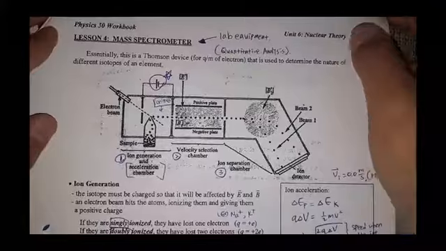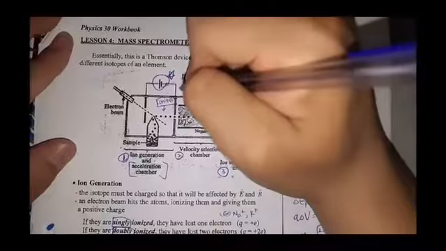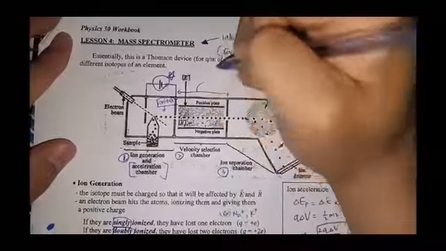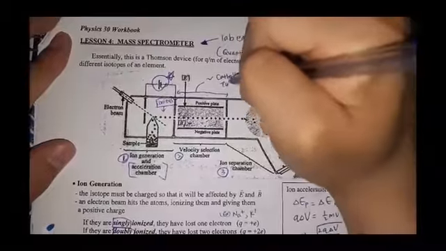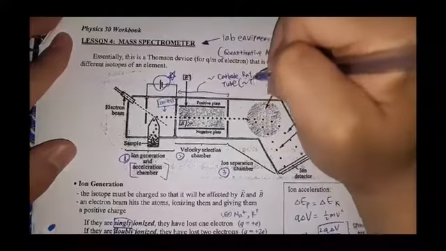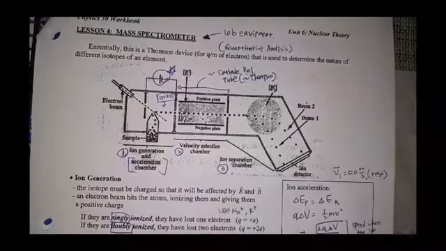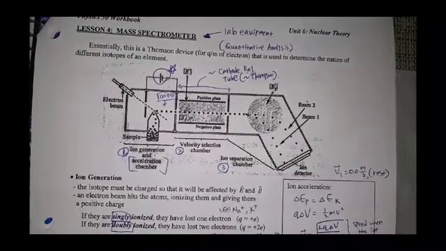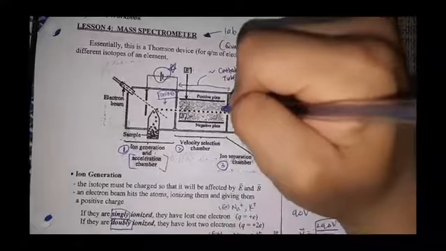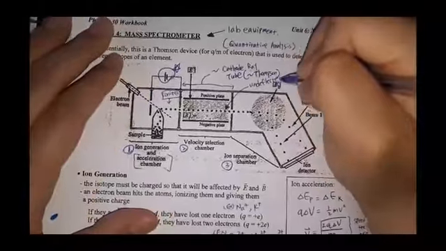The second chamber is known as the velocity selection chamber. This area is very similar to the cathode ray tube, and it's Thomson. The reason is, like the word suggests, we are specifically controlling the speed. Only this speed will go undeflected, and that's a key word here, and go straight.